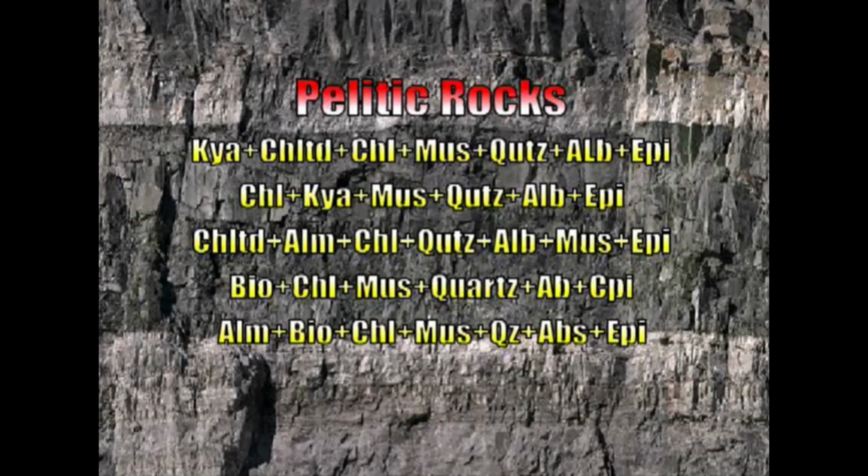Chlorite, kyanite, muscovite, quartz, plus minus albite, plus minus epidote. Biotite plus chlorite plus muscovite plus quartz plus minus epidote plus minus albite. Almandine garnet plus biotite plus chlorite plus muscovite plus minus quartz plus minus albite plus minus epidote.